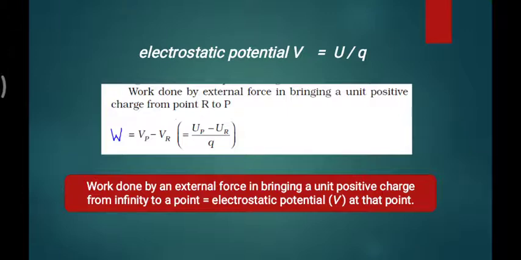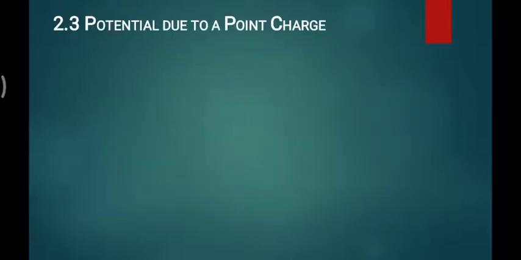Then we go to point 2.3. This is all about the general definitions of electrostatic potential: the amount of work you need to do to bring the charge from infinite distance to the finite point.